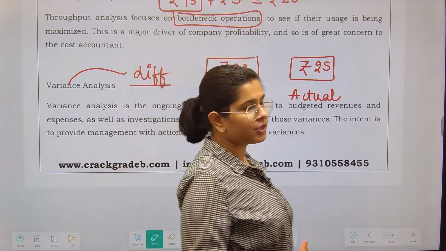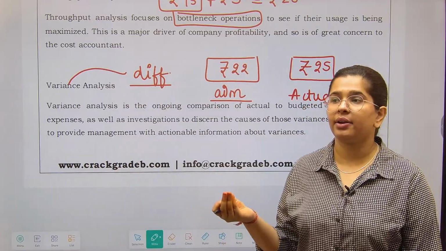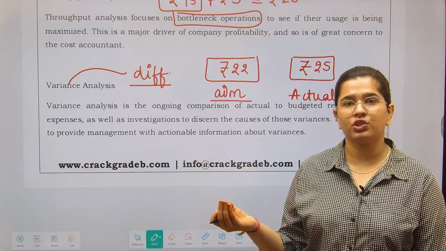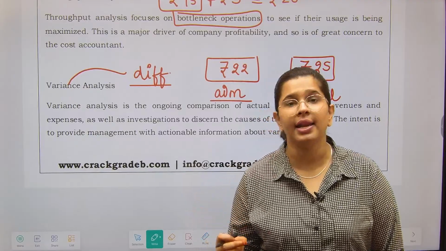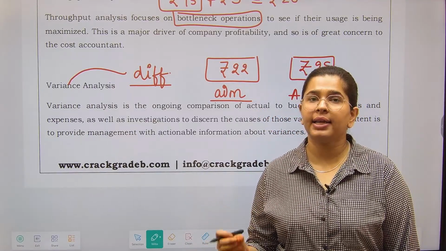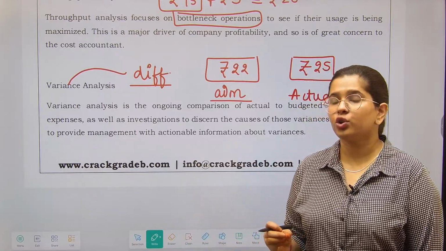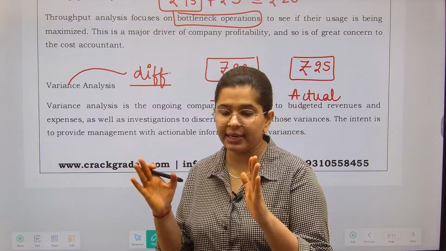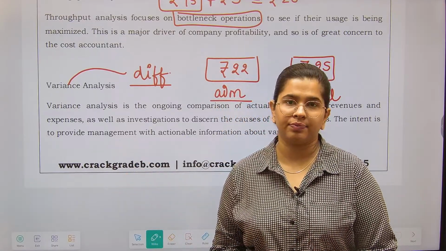ठीक है? Variance हर चीज का होता है. Like material cost related variance, labor related variance, overhead cost related variance. For all those who do not understand the meaning of overhead, it means a cost that is not directly allocable to any product. ऐसी कॉस्ट जो किसी प्रोडक्ट से डायरेक्टली नहीं लिंक्ड है. For example, salary of an accountant.